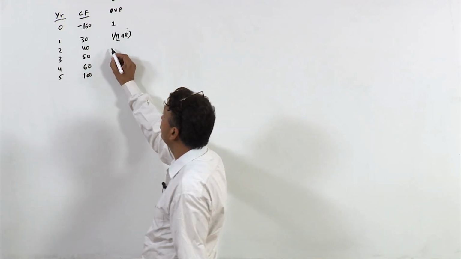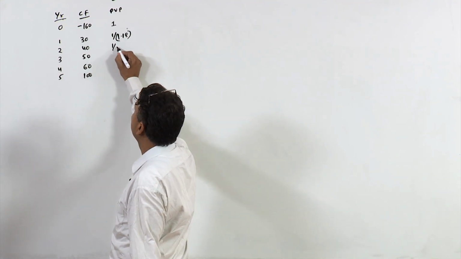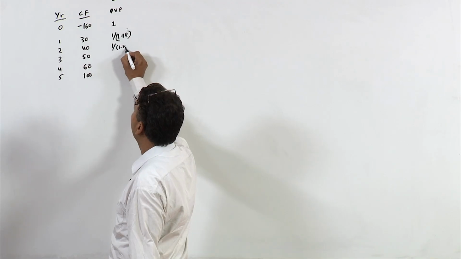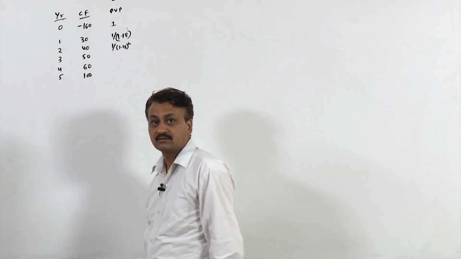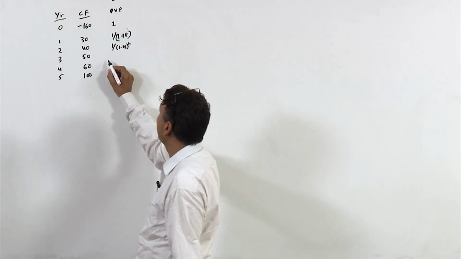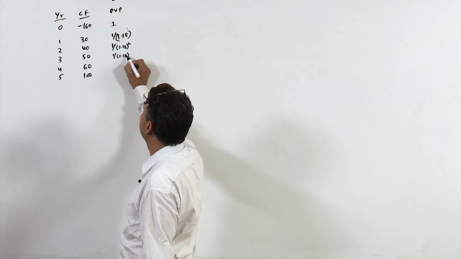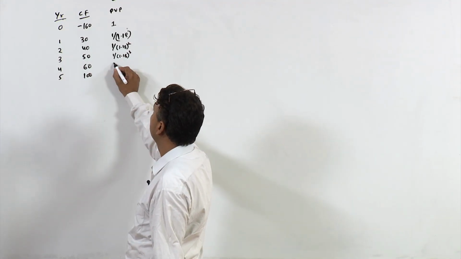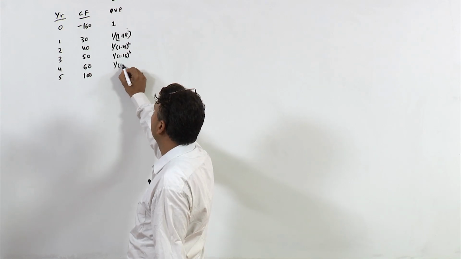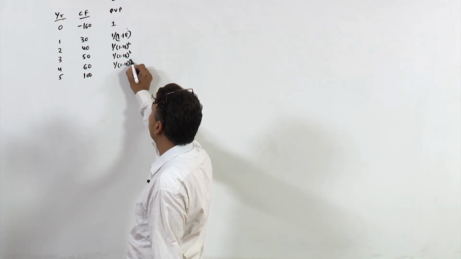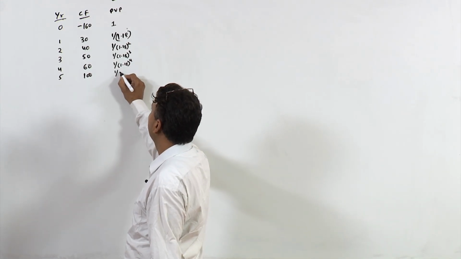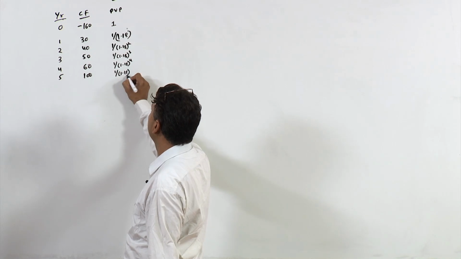Second year, what would it be, 1 upon 1.18 square. Third year 1 upon 1.18 cube, 1 upon 1.18 to the power 4, 1 upon 1.18 to the power 5.